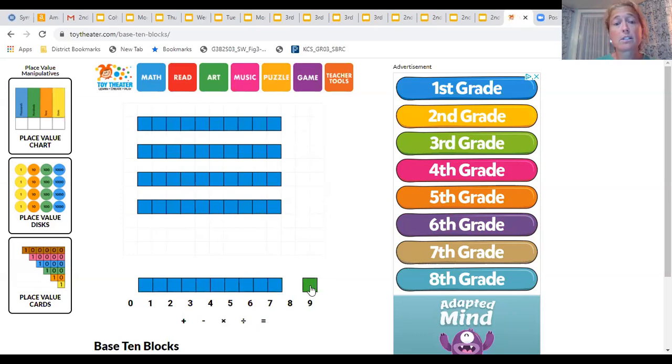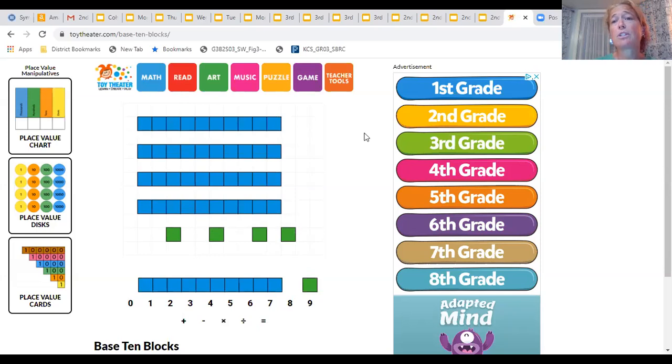The number 4 is also in the ones place, so we will put 1, 2, 3, 4. Now, if we were counting to make sure we had the number 44, we would say 10, 20, 30, 40, 41, 42, 43, 44.